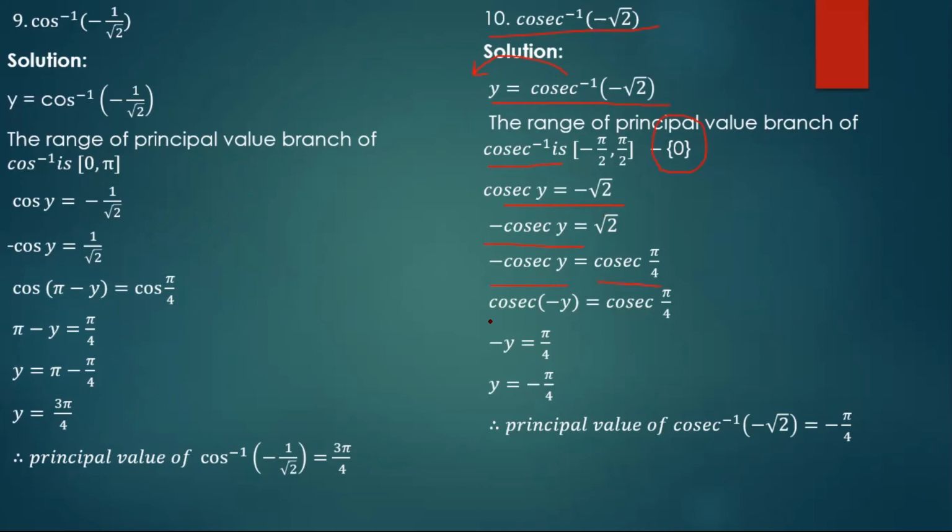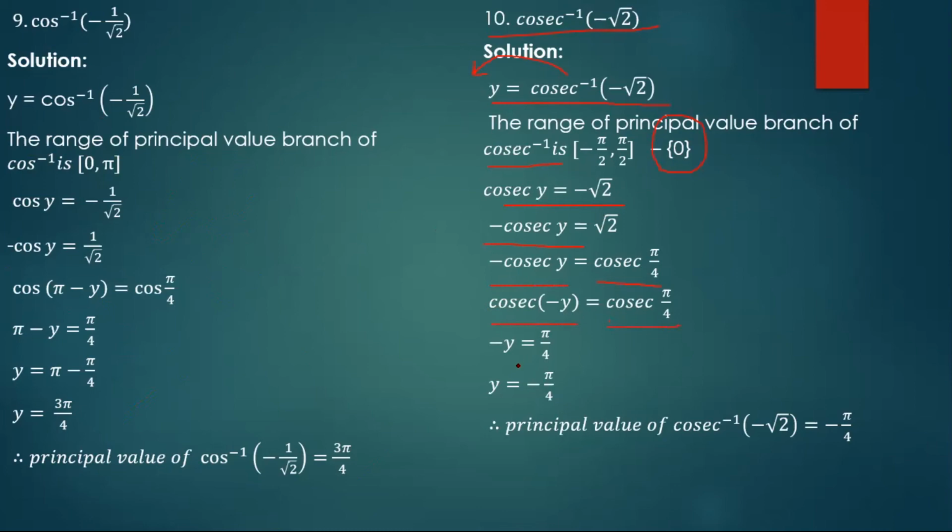So as said, I've told three things: sine minus theta, tan minus theta, and cosec minus theta are nothing but negative, and that cosec or sine or tan you'll be writing. So here, when it is minus cosec y, cosec minus y equal to cosec pi by 4.